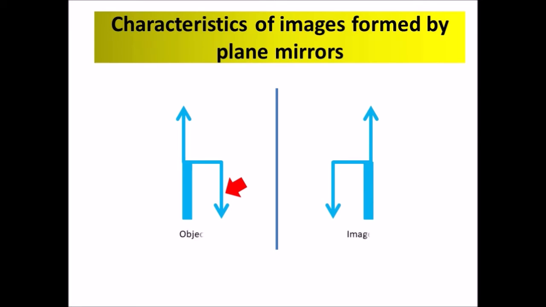So the first characteristic of the image is that the object distance equals the image distance. Secondly, the image is laterally inverted. That is, the part that was appearing on the right hand side of the object now appears on the left hand side of the image.